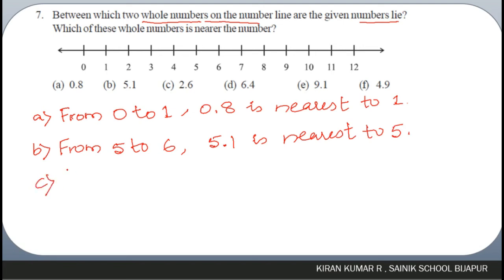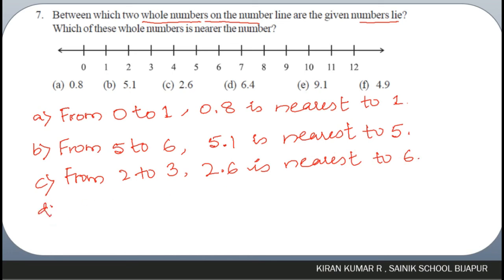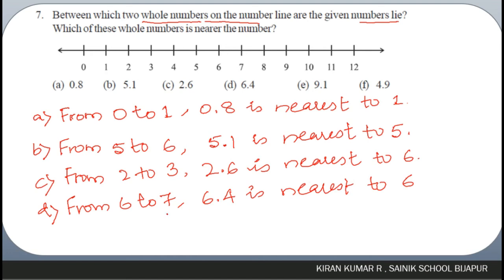See, 2.6 is from 2 to 3, and this number 2.6 is nearest to 3. I made a mistake here. Correction, it is 3. 6.4 is from 6 to 7, and this 6.4 is nearest to the whole number 6.